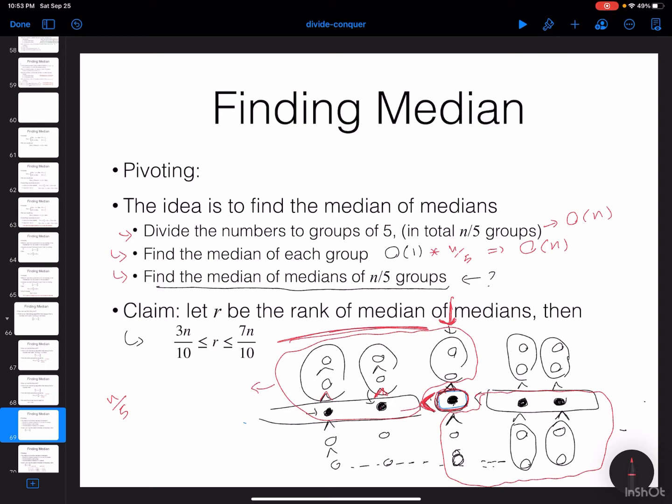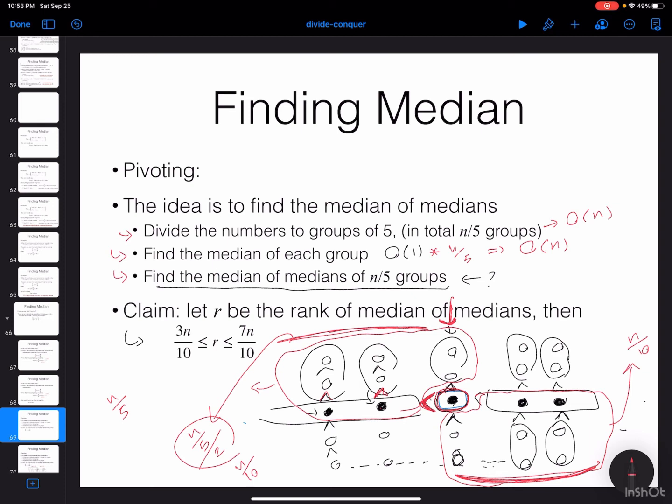So the number of groups on this side is n divided by 5 divided by 2, which is n divided by 10 groups. Similarly, the number of groups here is half of the groups, so this is also n divided by 10 groups.